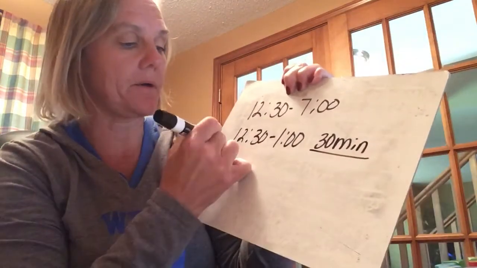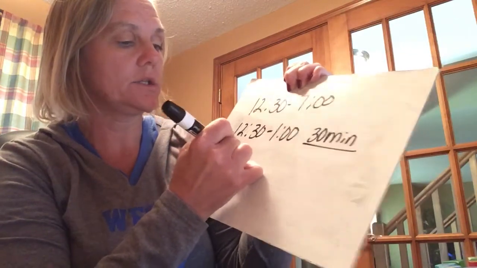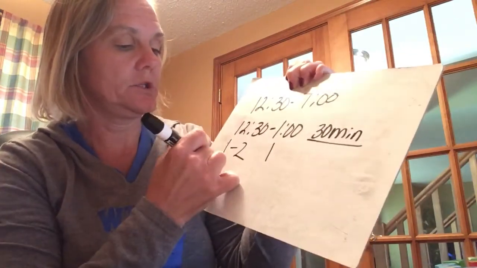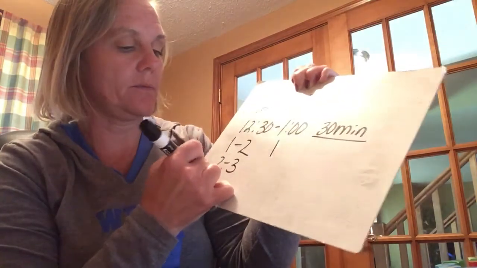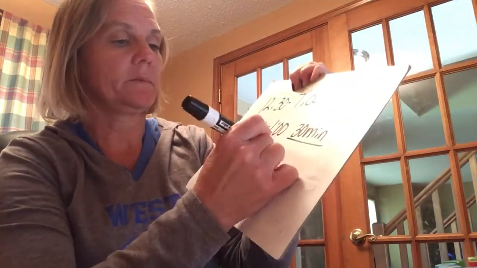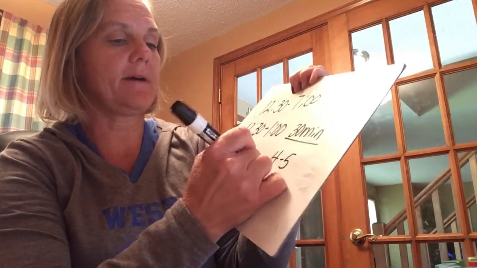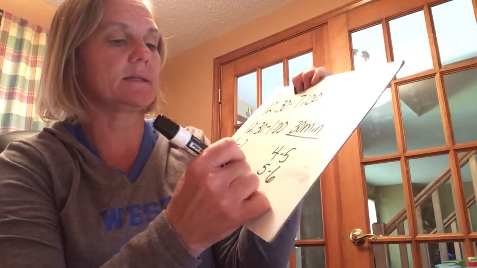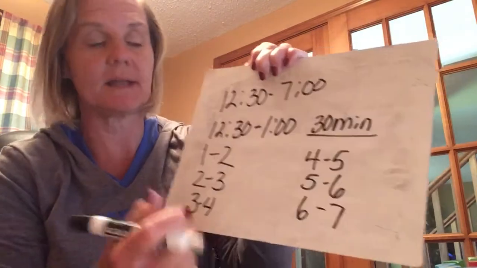Now I can start counting by the hour. 1 to 2, 2 to 3, 3 to 4, 4 to 5, 5 to 6, and 6 to 7. And then you can end there.